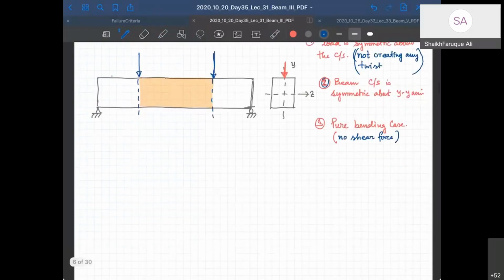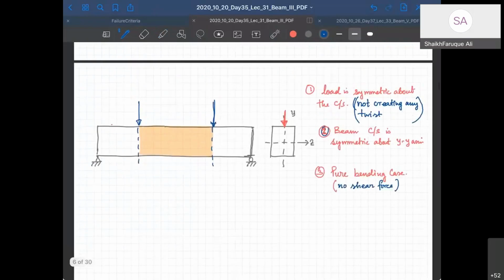Now when you load a structure like this, what are you going to see? What do you feel will happen? It will start bending. All right, it will start deforming, and the deformation, if you grant me, is going to look like this. Right?